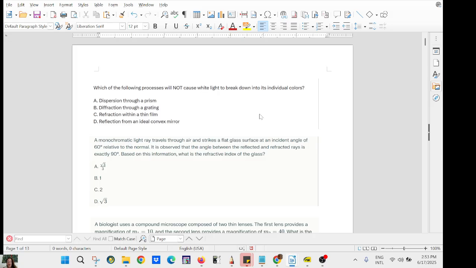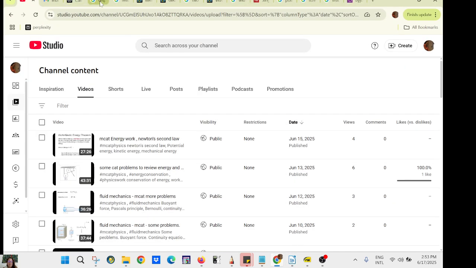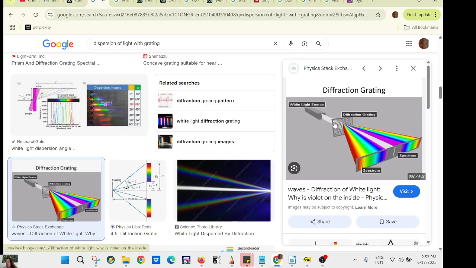Can you have a rainbow, for example, with diffraction through a grating? This is called a diffraction grating, actually, and that's how we do it in lab. We don't use a prism, we use a diffraction grating. What's happening here is light will bend around the corner, so it's called diffraction, but the bending depends on the wavelength.